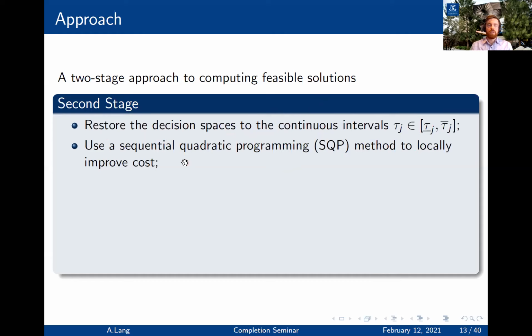And then we use a continuous-based method, in this case, a sequential quadratic programming method, to locally improve the cost. So these methods are usually sensitive to initial conditions, especially for this highly non-convex setup. And that's what motivates having the first stage to give us a good feasible starting point to be able to use this method.